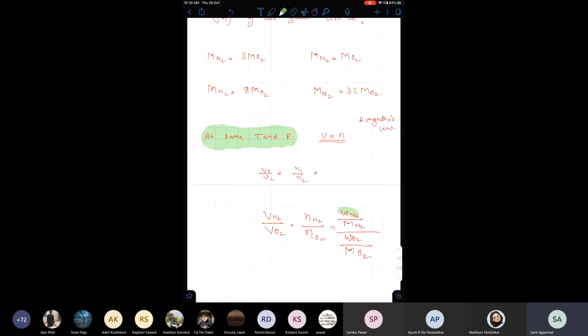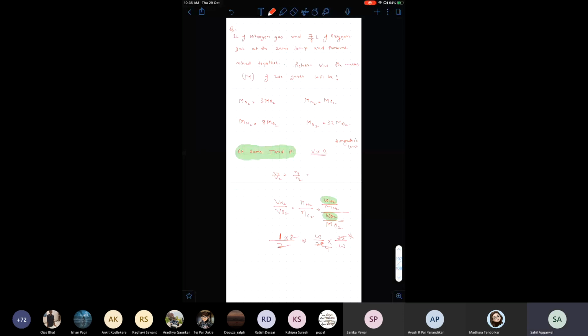We have to calculate this ratio. Volume of nitrogen is 1 and volume of oxygen is 7 by 8, equal to W divided by 28 into 32 divided by W. This goes 4 times, this also goes 4 times, 4 cancels with 4. So mass of N2 equals to mass of O2.